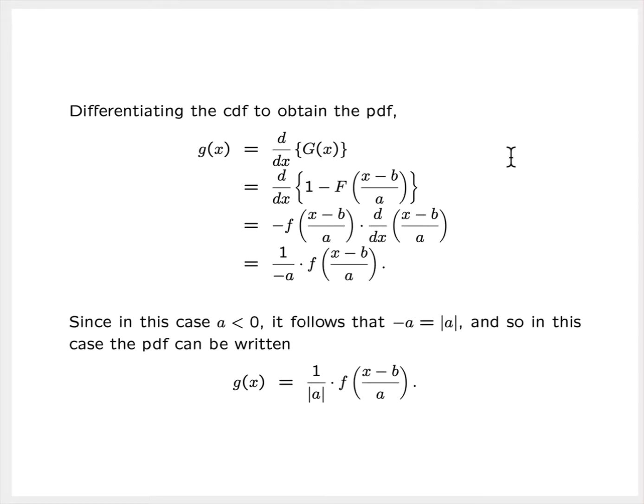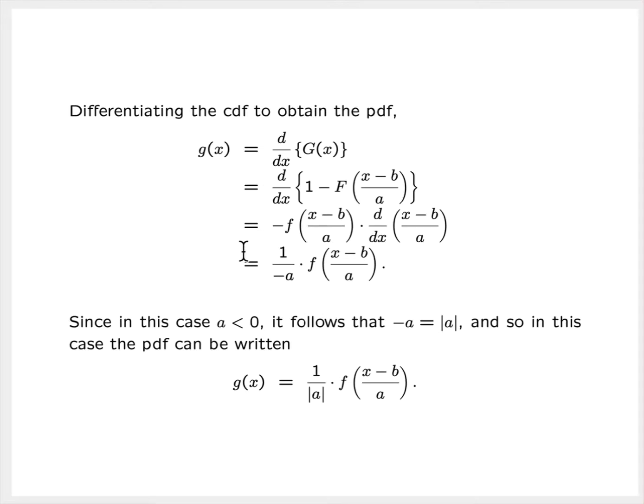Now again, we differentiate the CDF of X in order to get the PDF of X. Looking at this third line, we have the negative of the PDF of Z evaluated at (x minus b) over a, times the derivative with respect to x of (x minus b) over a, which is just 1 over a.